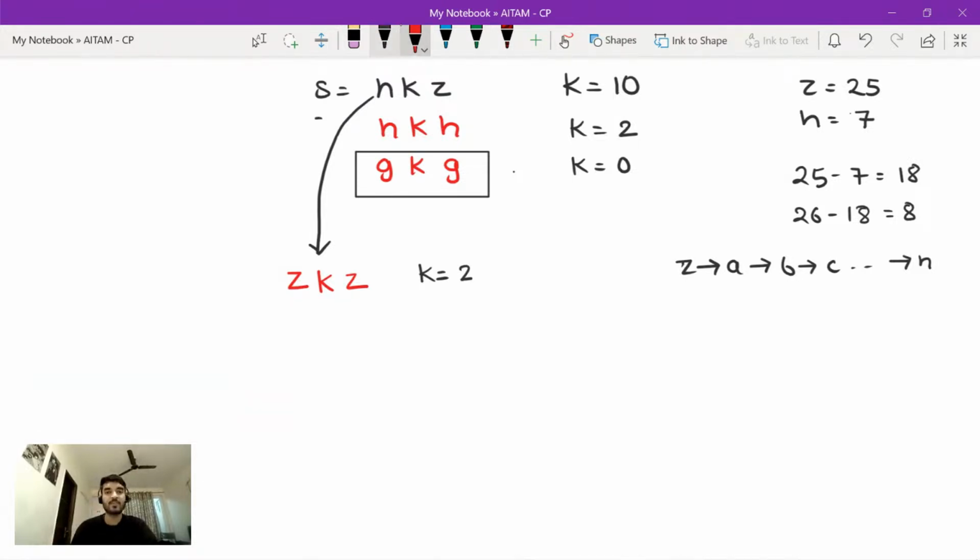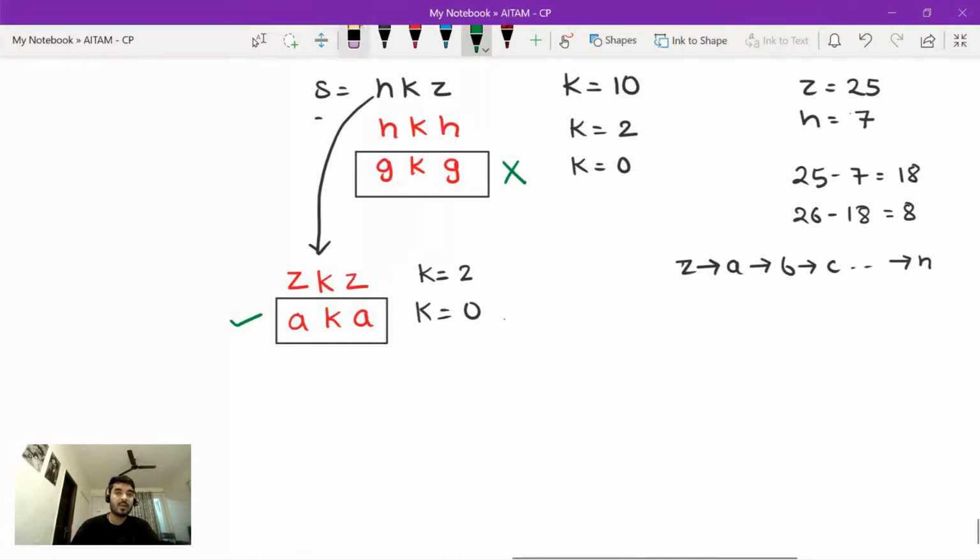And then just simply reduce this z into a. Apply a left shift, sorry, right shift. So a, k, and a. So now you are left with zero shifts. And this one is the smallest palindromic string. So the earlier one is not the best answer. This is the best answer.